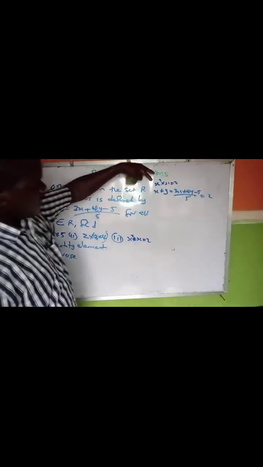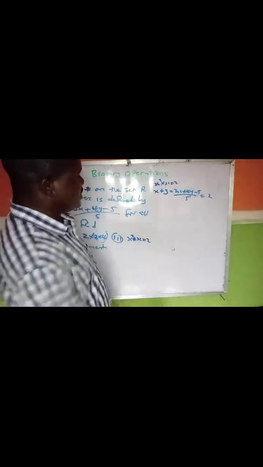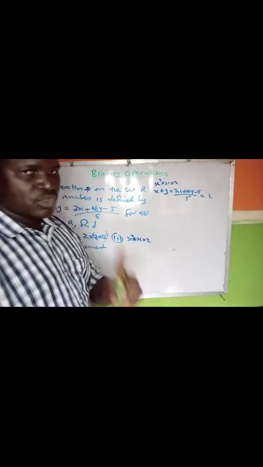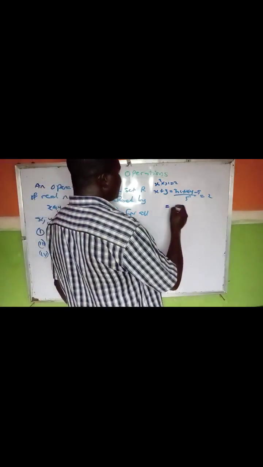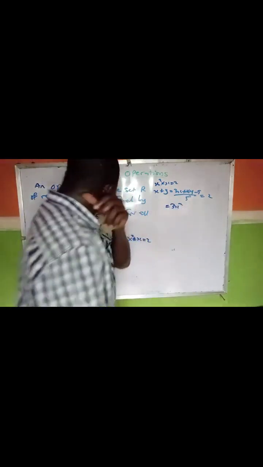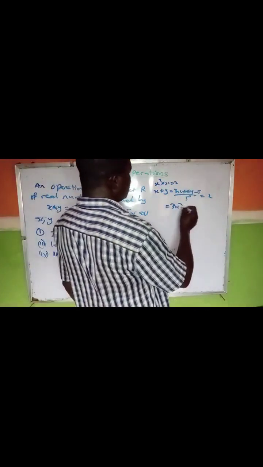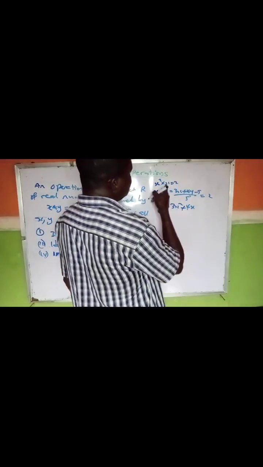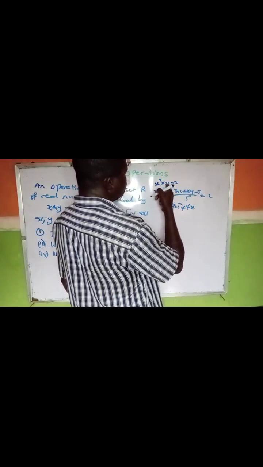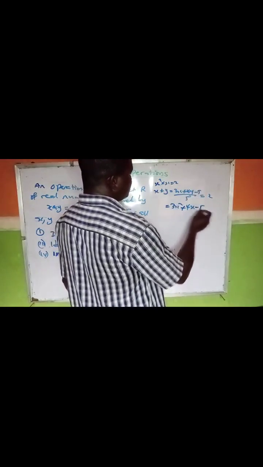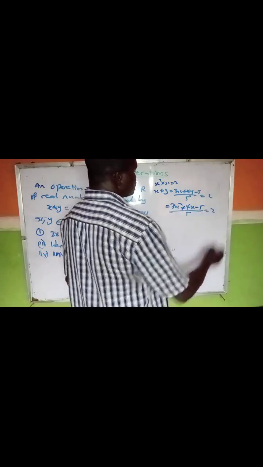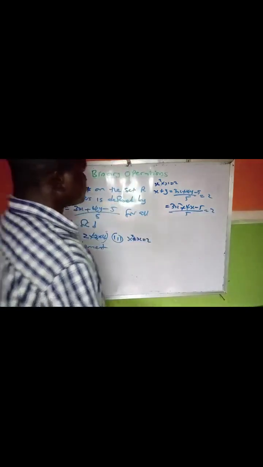So the value here, you substitute there. Remember, 3 and 4 are constants. You are only going for the values of x and y. So what you are going to have here is 3x squared plus 4x, here this position of y. This is x here, so you put it here, minus 5 over 5 equal to 2. So that's what you have.